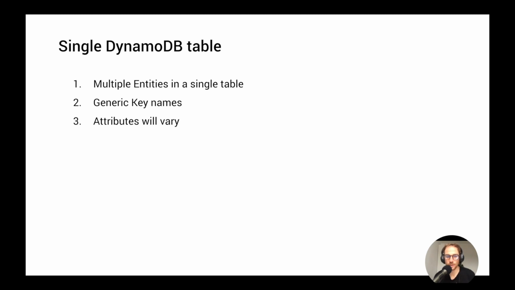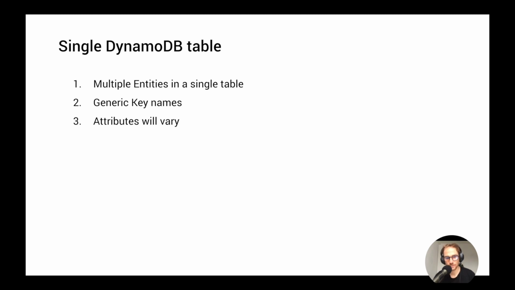You wouldn't call them customer ID and, I don't know, department ID, because that's not generic. We want to use generic names, like PK and SK, and we can allocate different entities within the same partition key and sort key.